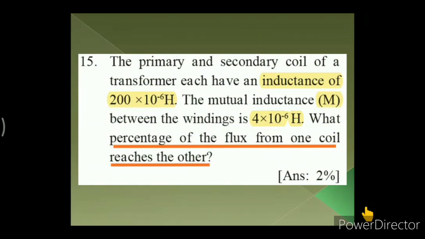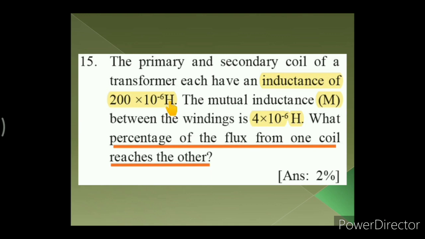Here it is given a transformer which is having its primary and secondary coil. Each coil has an inductance of 200 into 10 raised to minus 6 Henry. That means the inductance of the primary coil is 200 into 10 raised to minus 6 Henry, as well as the inductance of the secondary coil is also 200 into 10 raised to minus 6 Henry.